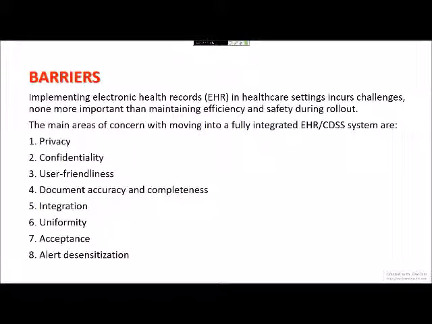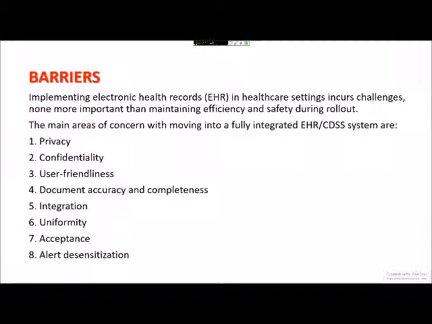Barriers. Implementing electronic health records in a healthcare setting includes challenges, not least maintaining infection control and safety during drug rollouts.